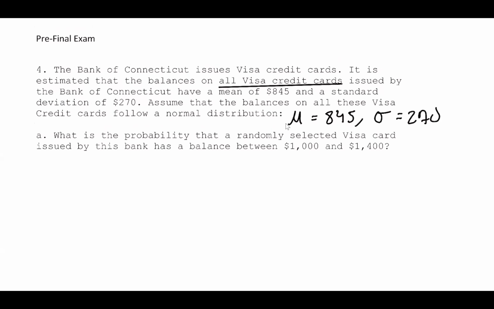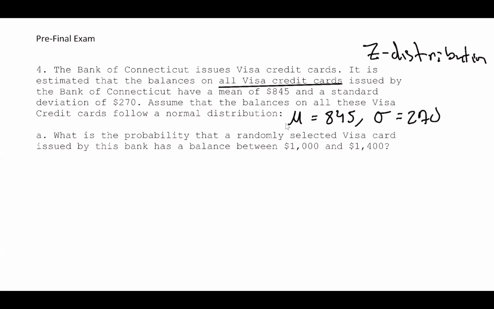So since I have mu, which is equal to 845, and sigma, which is equal to 270, this means we're using the z distribution. All right, so let's look at part A.